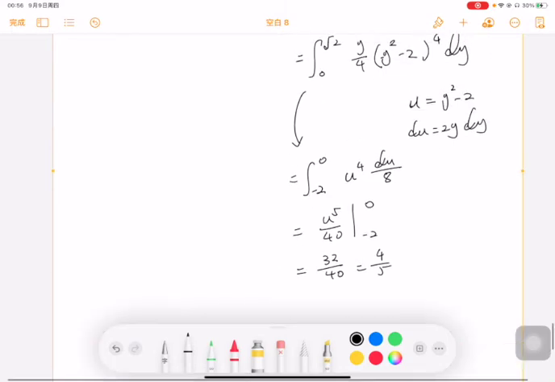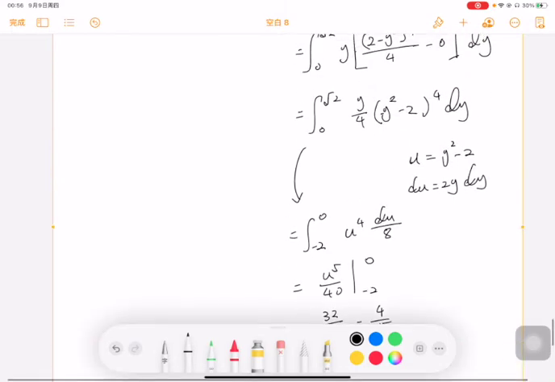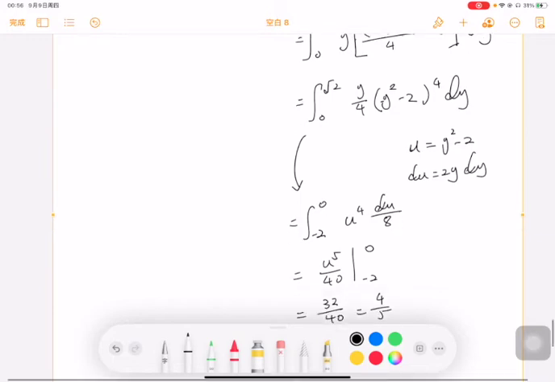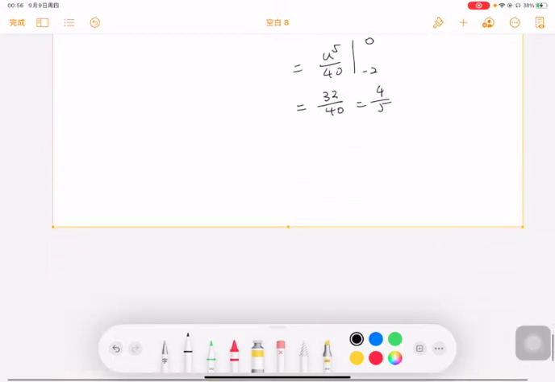I think this way is easier because you avoid a lot of the messy arithmetic, and you don't have to compute this 4th power because you can just use u substitution to get around that. So I think this is probably the superior way to go.